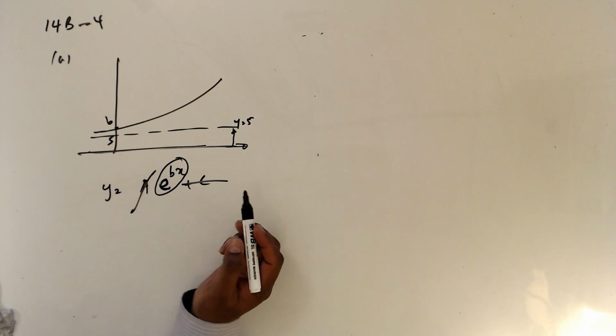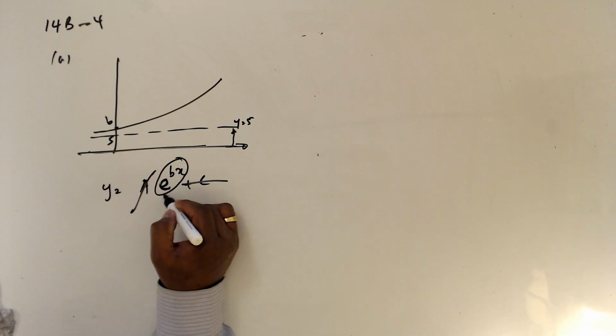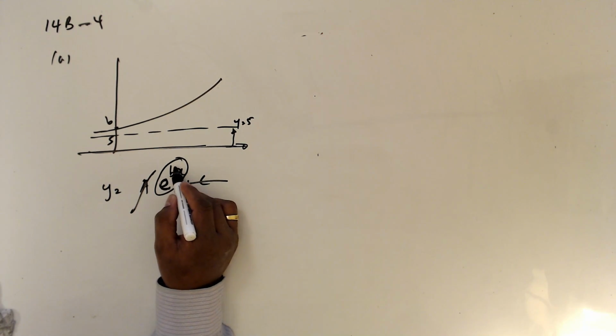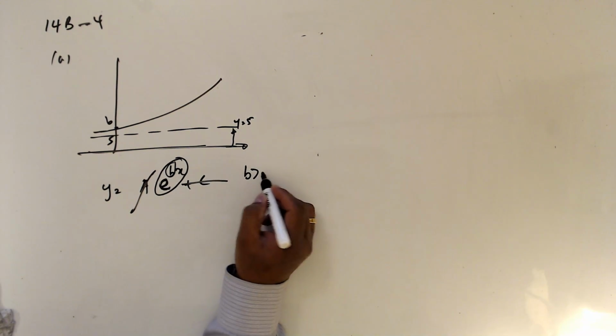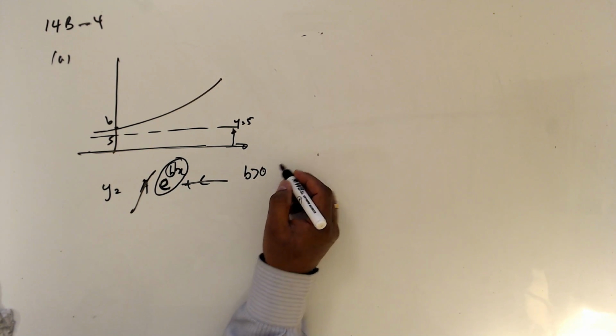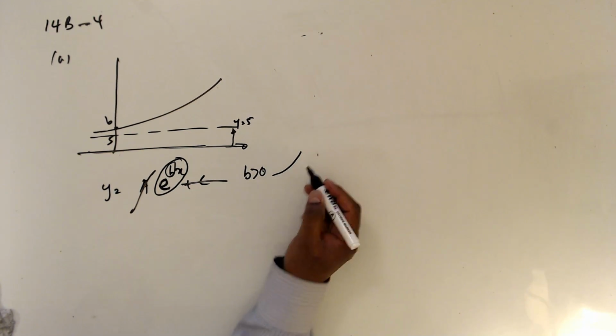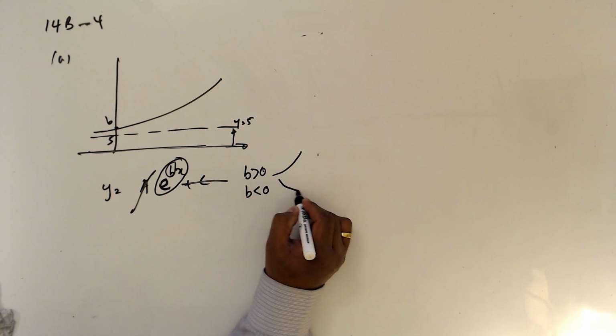Now, when I consider this exponential part, if this value b is positive, what is the direction? b greater than 0, positive, the direction is this one. If b is less than 0, the other way around.